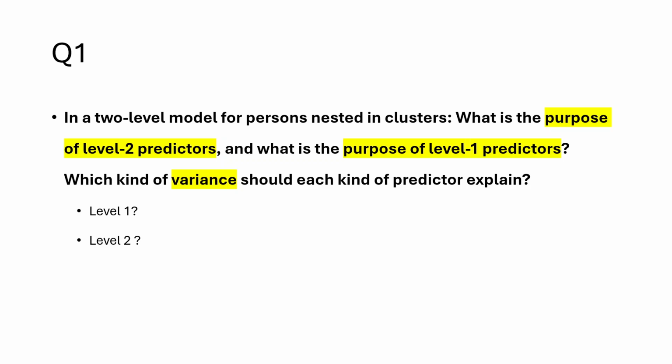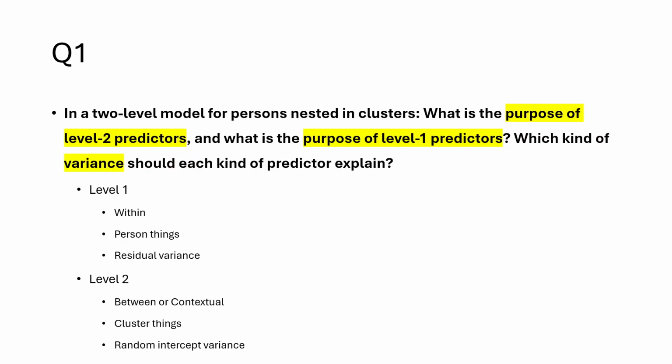Right. And then what would a level 1 predictor, what kind of variance would that explain? Explain both variance in level 1 and level 2. Yeah, so it depends how it's centered, which exactly it's going to explain, because the level 1 predictor has both the level 1 and level 2 parts of it.